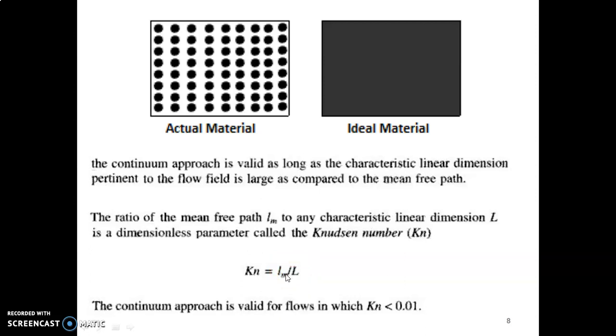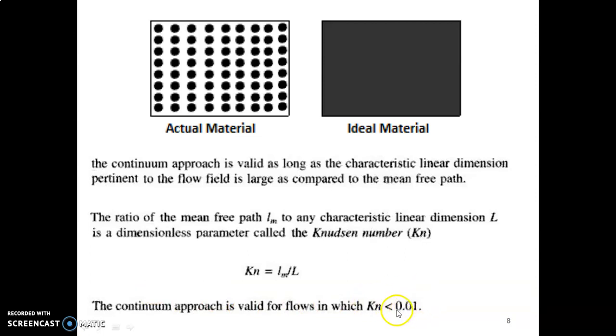Even if there are gaps between the molecules, if the Knudsen number is less than 0.01, those gaps will be so small that we can consider the material as a continuous substance like a continuum. So that is the condition for the validity of the continuum approach. The Knudsen number should be less than 0.01.